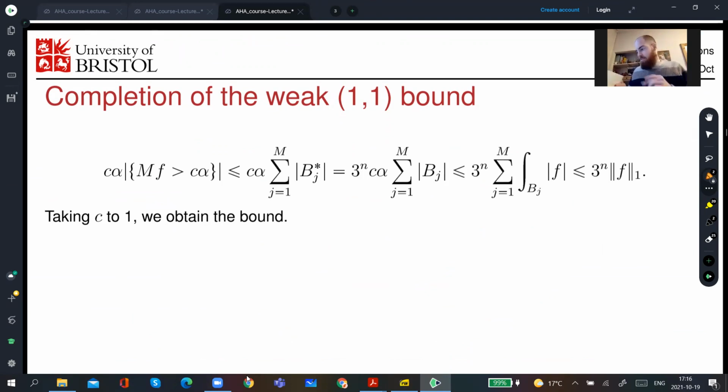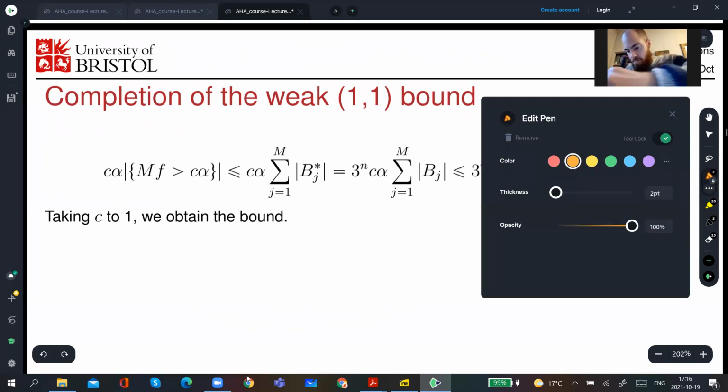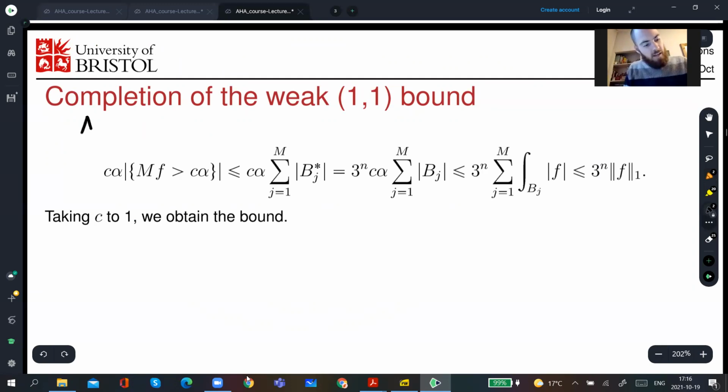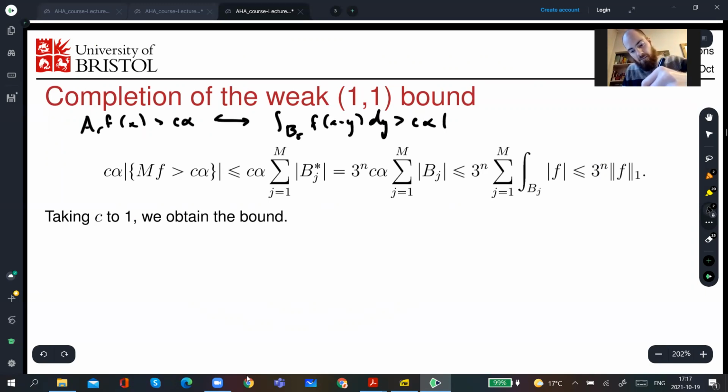Going back to our formulation from before, where I multiplied by C alpha, I had f of x greater than C alpha was equivalent to the integral over B_r of f(x minus y) dy being greater than C alpha times the volume of B_r. These B_r were covering our compact set K prime, which contains this.